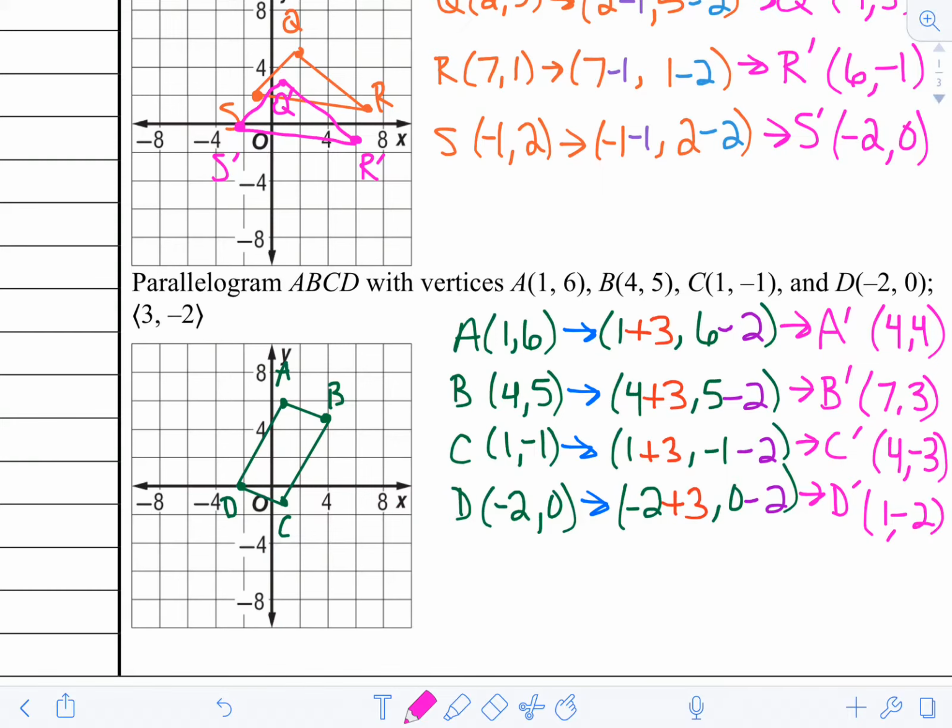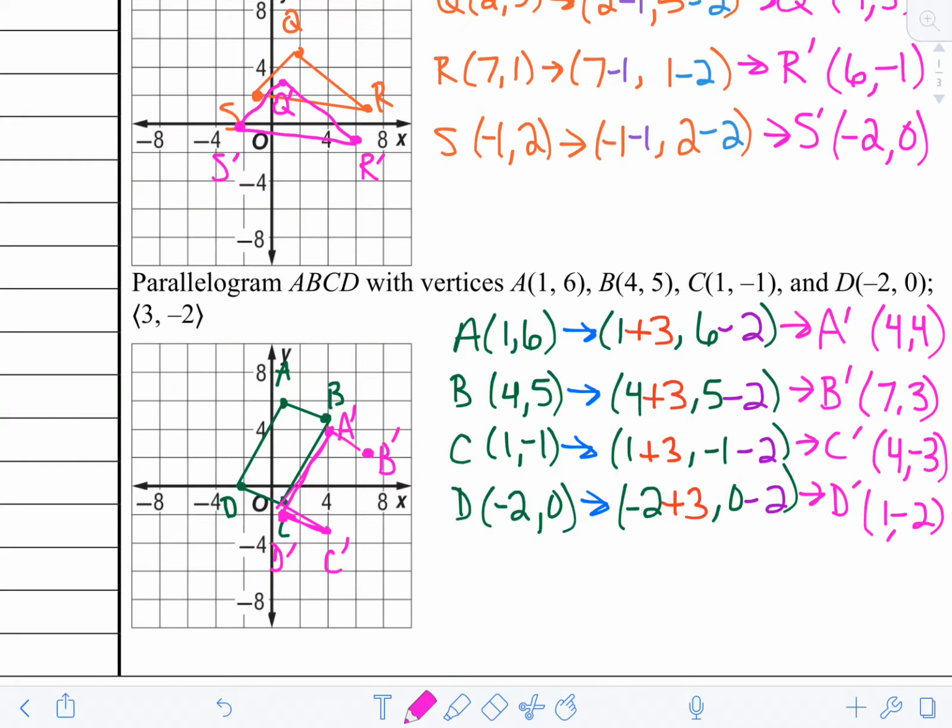I'll plot those and we're done. A prime is 4, 4. B prime is 7, 3. C prime is 4, -3. And D prime is 1, -2, right there on top of that.